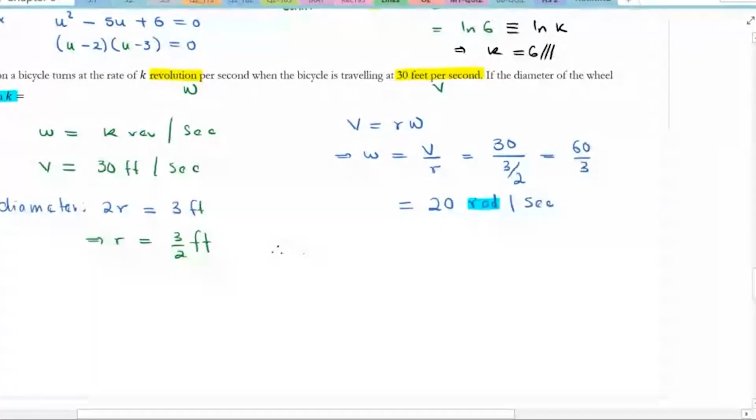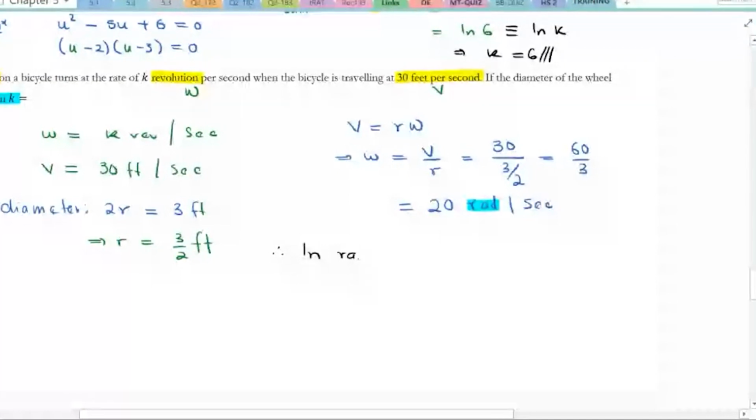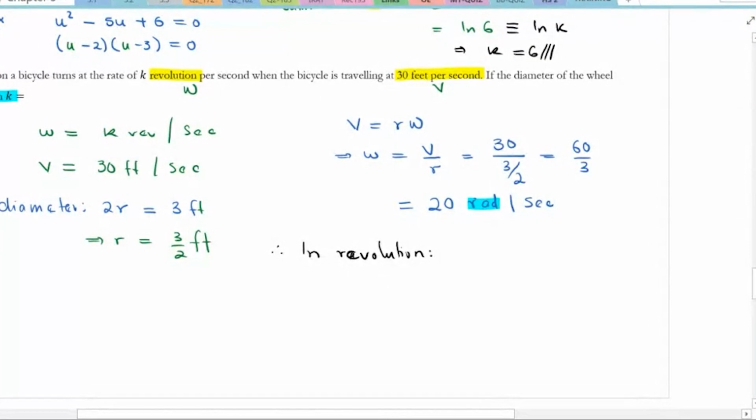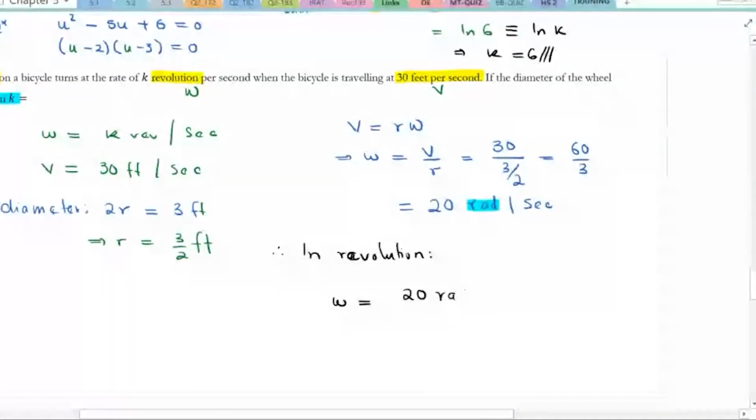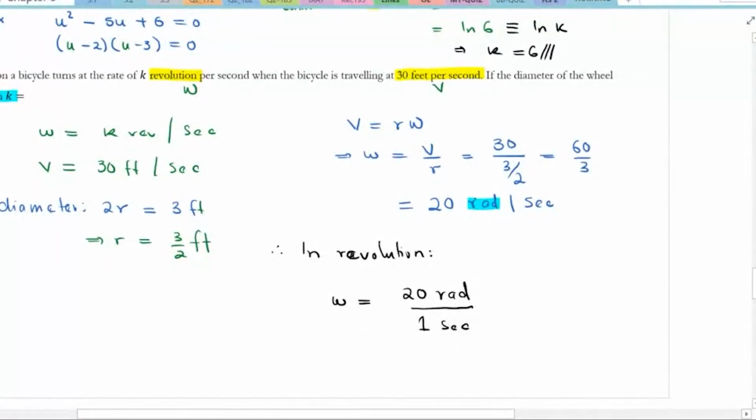So therefore, in revolutions, what do we have? Divided by 2 pi. Yeah, just let me write it an easier way. w will be equal to 20 radians per second. Now, the easy way, gentlemen, so that you don't make mistakes, I tell you, because you do not want radians, right? So here you are going to put the relationship between radians and revolutions.